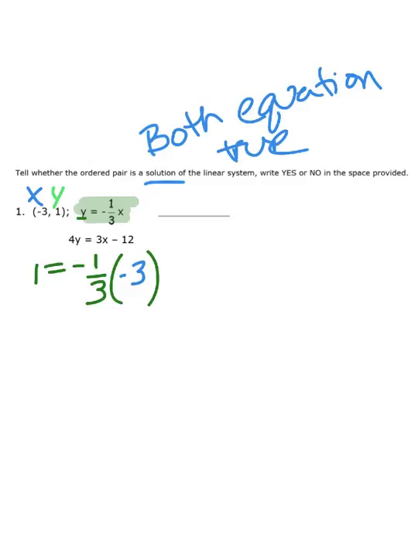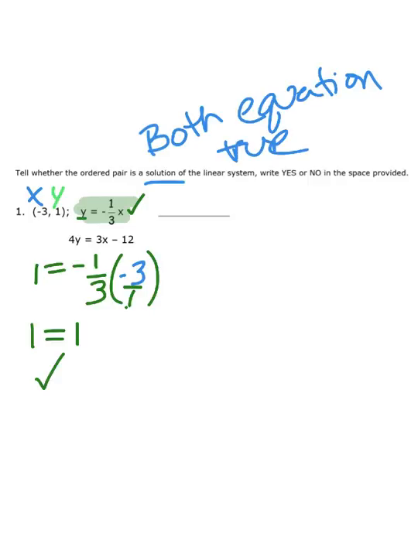And then from here you can type it into the calculator. Is 1 equal to negative 1/3 times negative 3? A negative times a negative is a positive. And then you have 1 times 3 over 3 times 1, which is indeed 1. So this one is true.